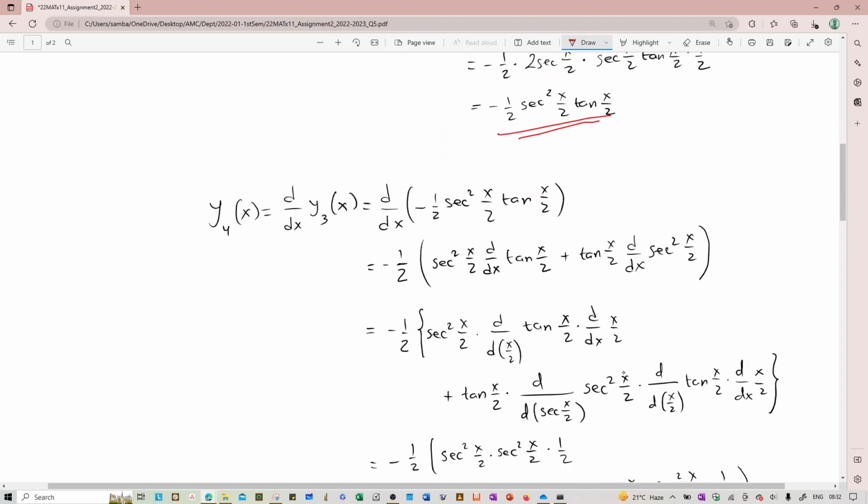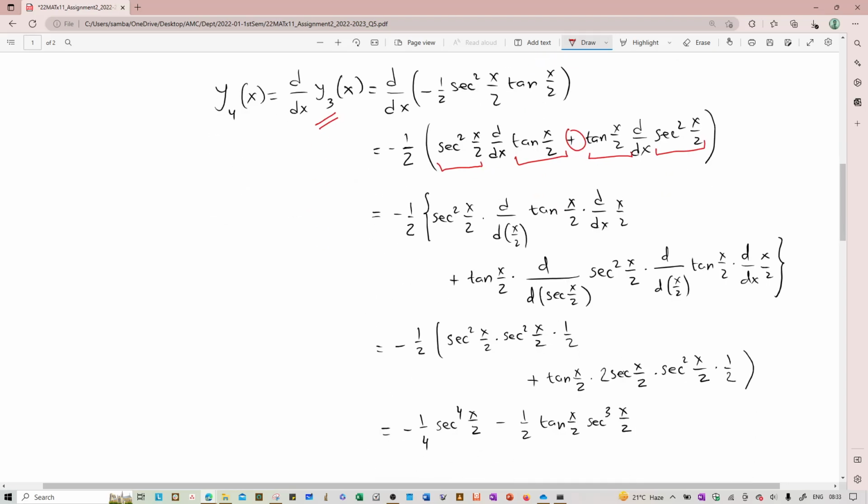Okay, now y4 is the differentiation of y3 with respect to x, and here we take the negative half sec squared x by 2 tan x by 2 from y3, and we use the product rule. We keep sec squared x by 2 as it is and differentiate tan x by 2. Then we use the plus symbol between that, and the other term being tan x by 2 kept as it is, and the differentiation of sec squared x by 2.